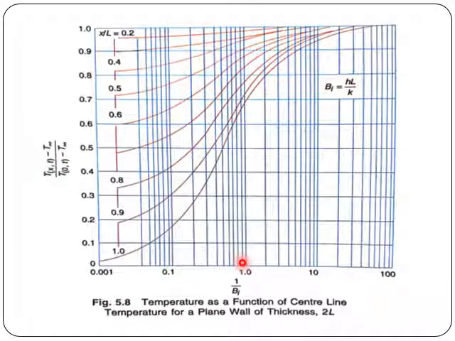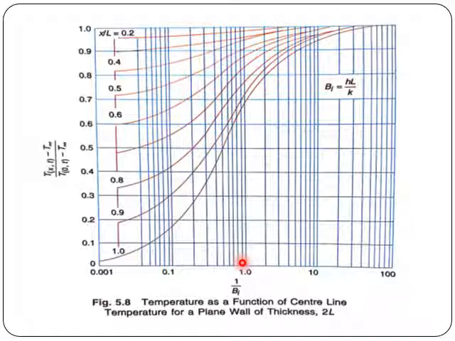So either way I can use these charts either to get temperature or to obtain time. These charts, as I told you, are used if Biot number is greater than 0.1. If it is less than 0.1, we neglect the internal temperature gradient. We assume that the total solid is at same temperature and we use lumped heat capacity analysis.